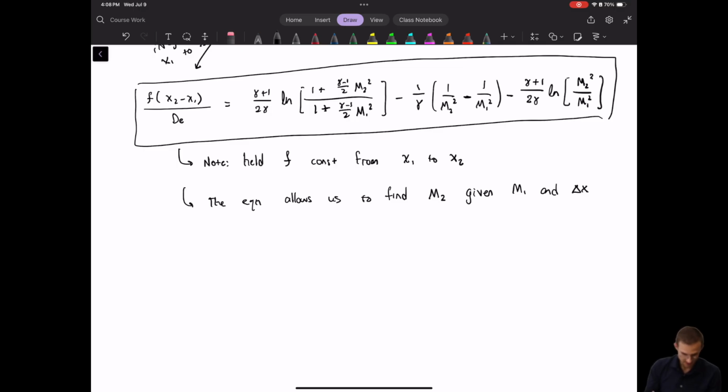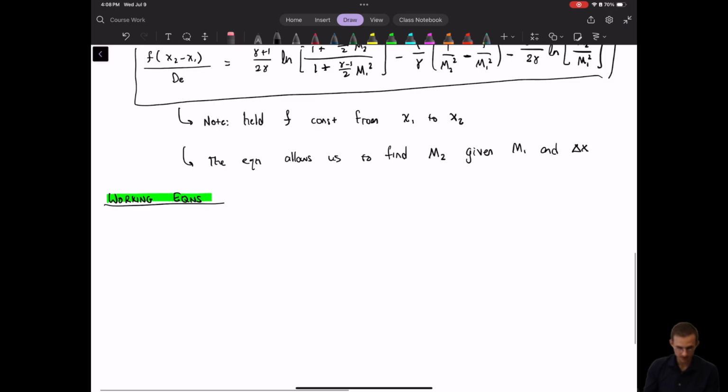Okay, so let's look at the working equations for Fanno flow. Make sure we keep our section highlighting going here. And let me note that we've used this term before, but this is specifically for Fanno flow.